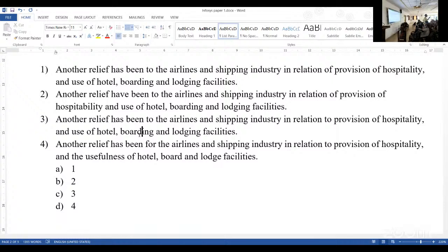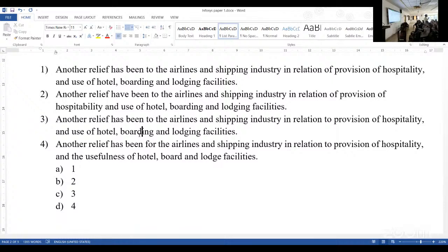Correct. What is the subject in this sentence? See, if you are determining a verb, how do you determine it? Based on the subject, right? So first tell me, what is the subject? Is relief an action or a subject?